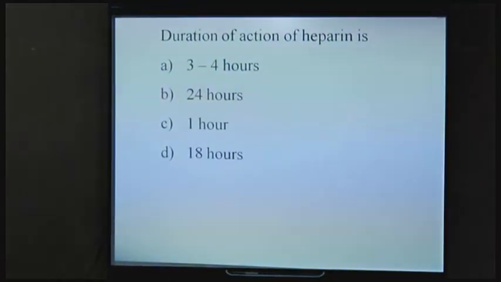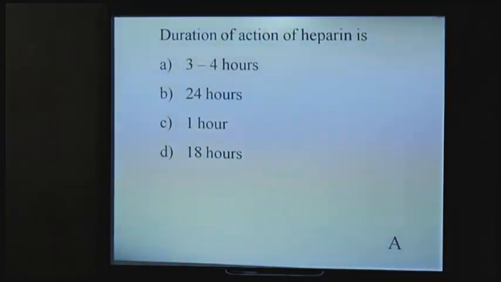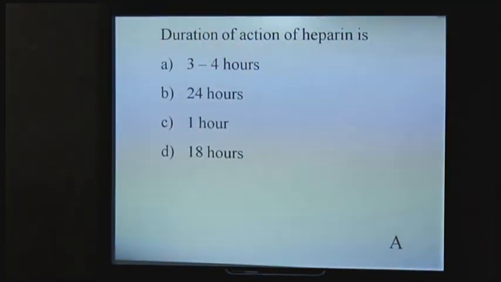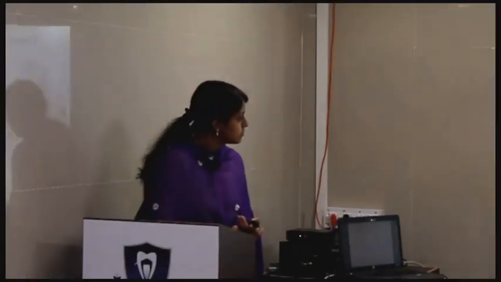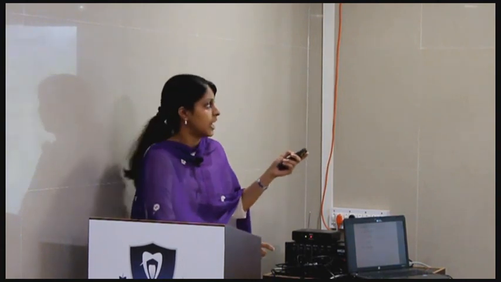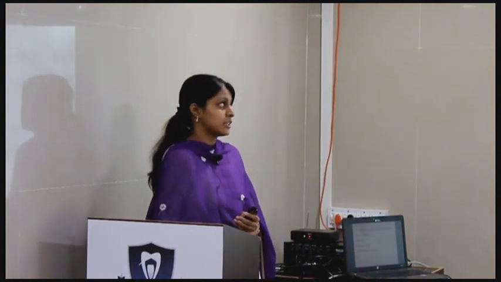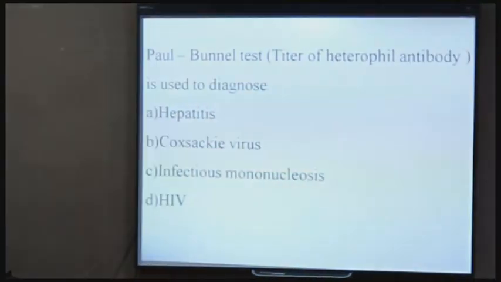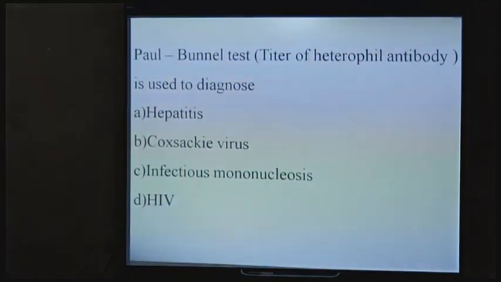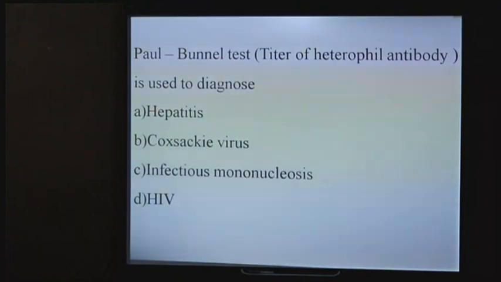Duration of action of heparin. Coumarin is a longer acting anticoagulant. Paul-Bunnell test is a titer of heterophil antibody. Infectious mononucleosis? Yes.